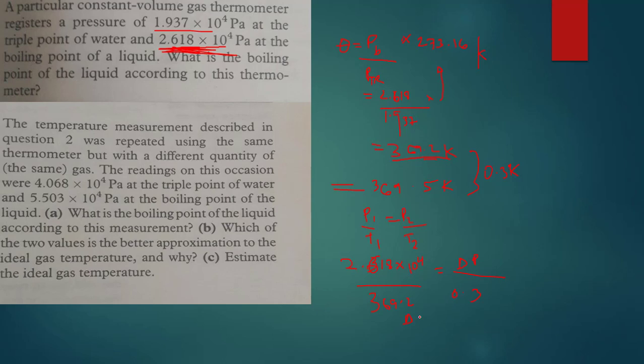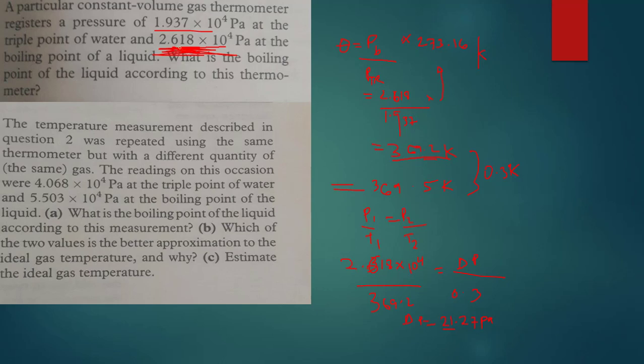The change in pressure you will get is 21.27 pascals. So if you take this one, because we said the closer it gets to zero, the more ideal it becomes. If this was the one giving us an estimate of ideal conditions, we have to subtract this amount so that it gives us a closer estimate of the ideal gas temperature.